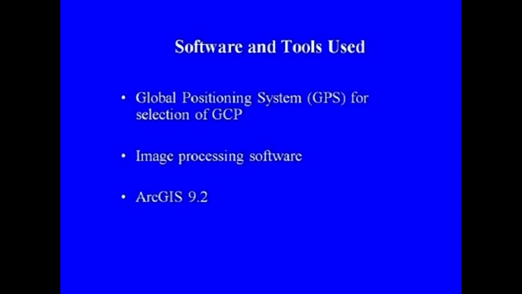For example, global positioning system for selection of ground control points, image processing software to identify the buildings, and ArcGIS 9.2 to create the GIS database and to create different types of analysis procedures for query into the digital database.